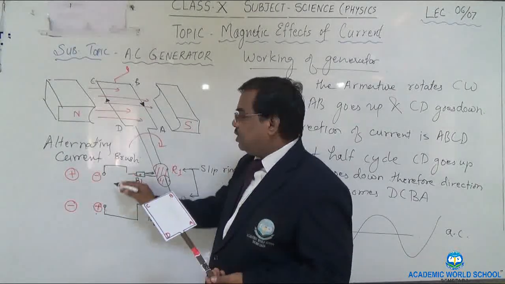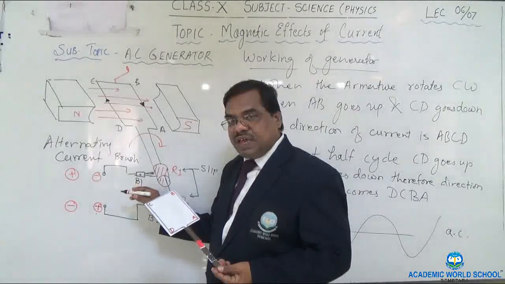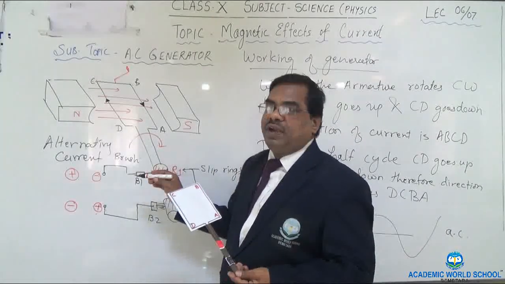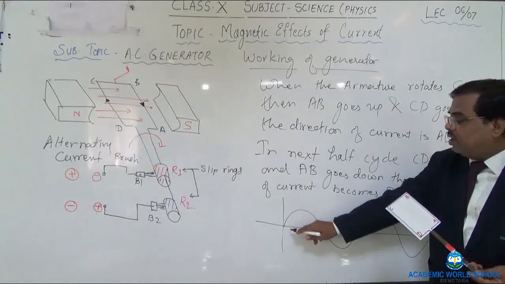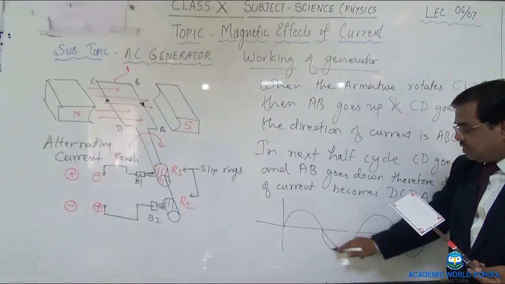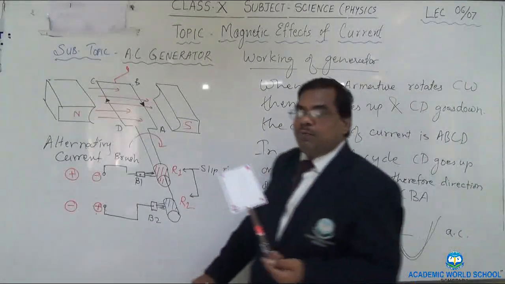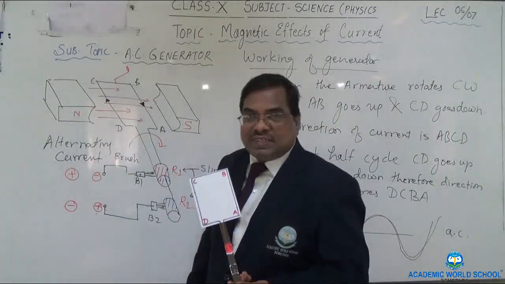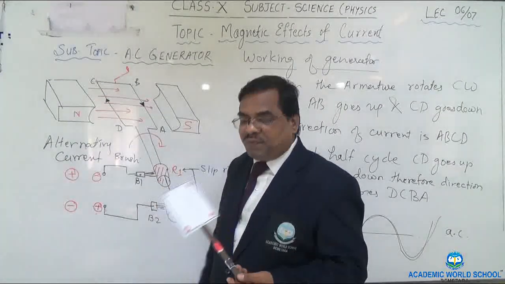So the polarity of the terminal is constantly changing in every half cycle. This kind of current leads to alternating current. It will flow one time this side, then the other side, again and again. So I hope you understand what is AC and what is the principle and working of a generator.